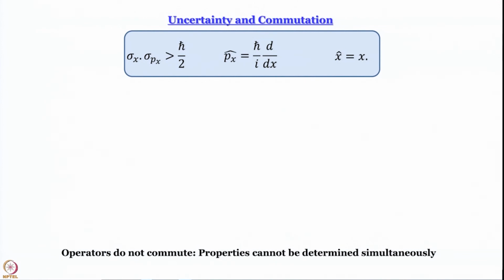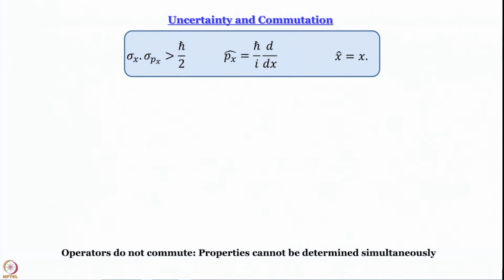Now, since we are talking about uncertainty, let us talk a little more about the workings of quantum mechanics, and let us make this statement: when operators do not commute, properties cannot be determined simultaneously. What is that supposed to mean? Commutation means you have two operators, let us say x and px.